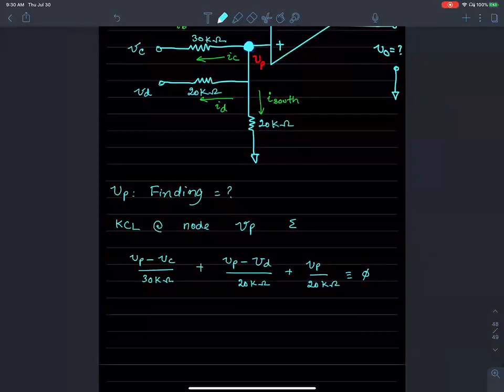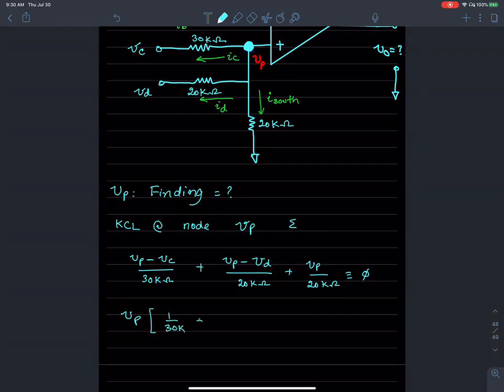Now we should be able to factor out Vp and add 1 over 30K plus 1 over 20K plus 1 over 20K, and take Vc to the other side, Vc over 30K plus Vd over 20K.